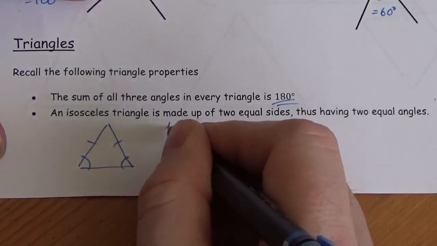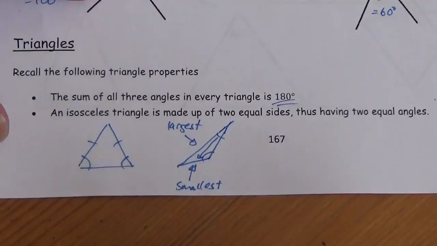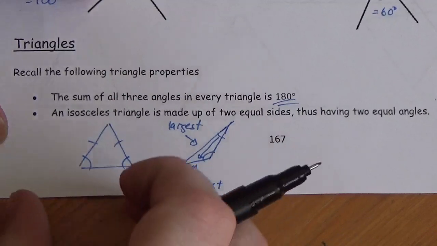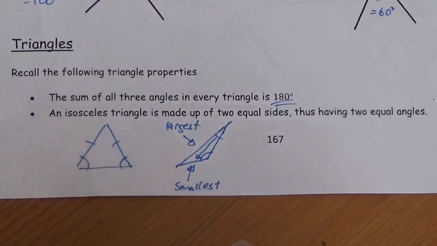So the largest angle opens up to the largest side, and the smallest angle opens up to the smallest side. That's basically what we're seeing in the isosceles triangle. When those two sides are the same, that means these two angles are opening up to the same sized side. They will be the same size. Even in my head that sounded weird, but hopefully you get the idea.